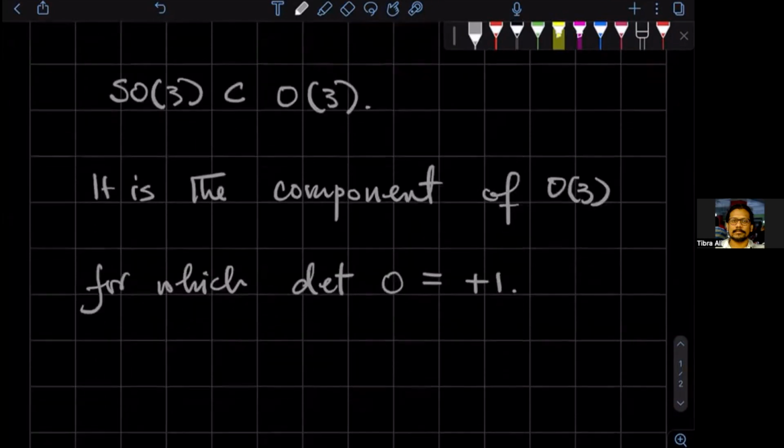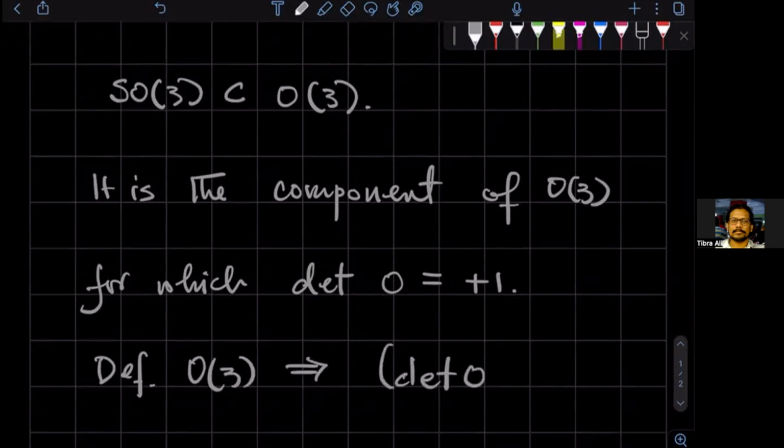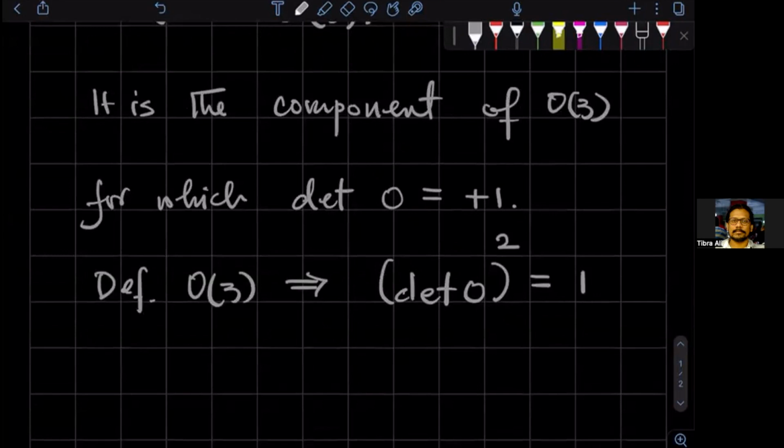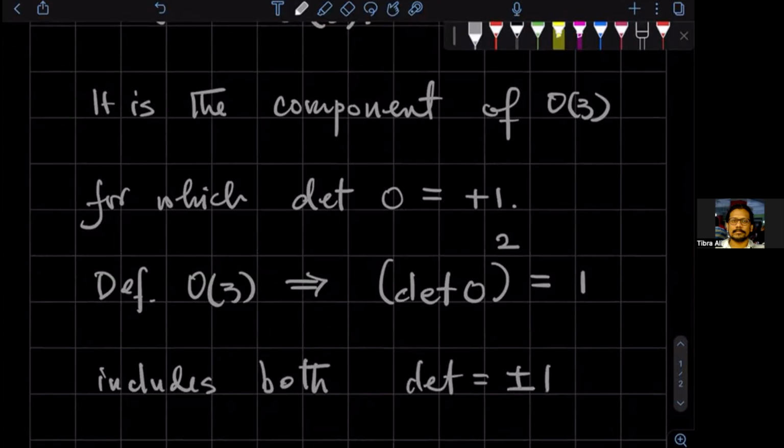Because we saw that the definition of O3 includes all 3x3 matrices which satisfy the determinant of O squared to be 1, which includes both determinant plus or minus 1 cases.